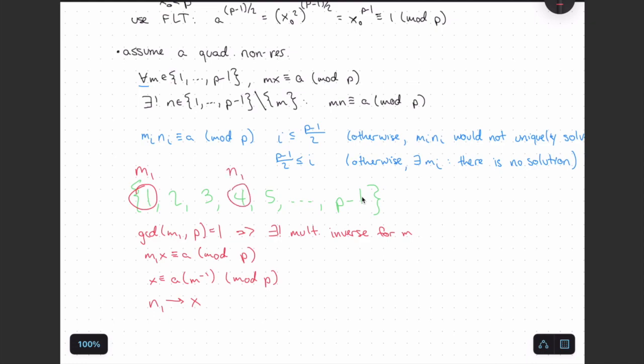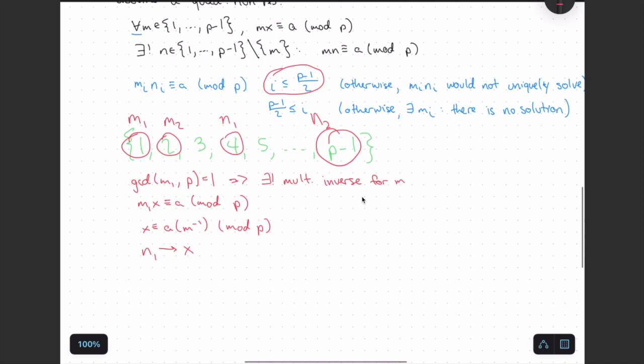So now these two numbers can no longer solve the equivalency for any other number. So now we have to find some other m2 and say this is the n2 that solves it. Now we can go through this list and we cannot go more than p minus 1 over 2 times.